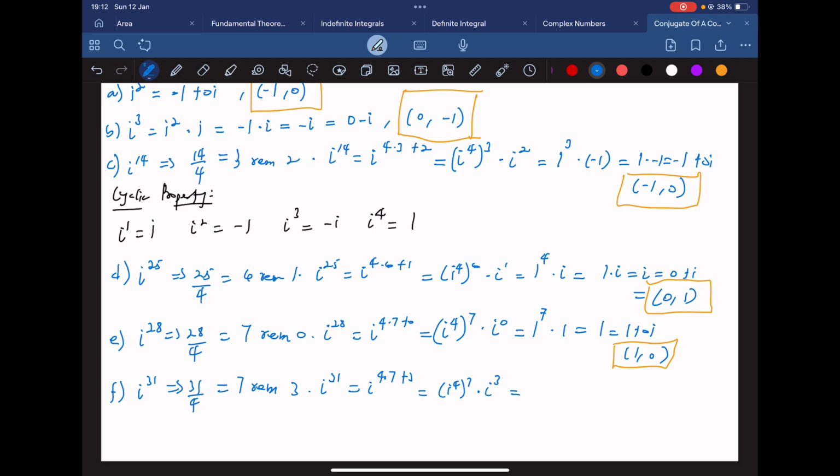And we know i⁴ to the power 7 is always 1, right? So we have 1 here. And what is i³? i³ we know is negative i. So we have negative i here. So this is just negative i if you multiply these two. So if you are to represent it, you have 0 minus i. And we know that this is just (0, -1).